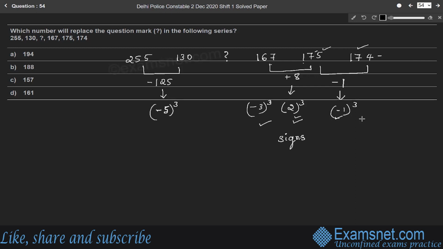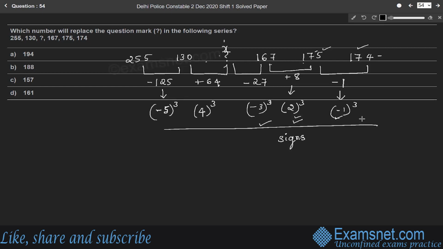So in this position, the difference has to be 4 cube, so that the condition will get satisfied, right? Let the number be x. This difference has to be 4 cube, in the sense plus 64. And the next difference has to be minus 3 cube, which is minus 27. Right. What is 130 plus 64?